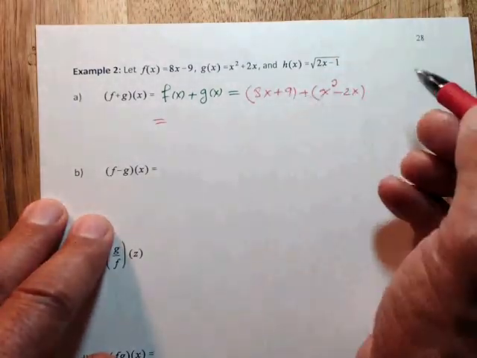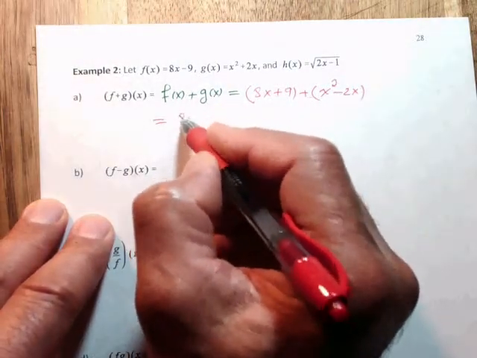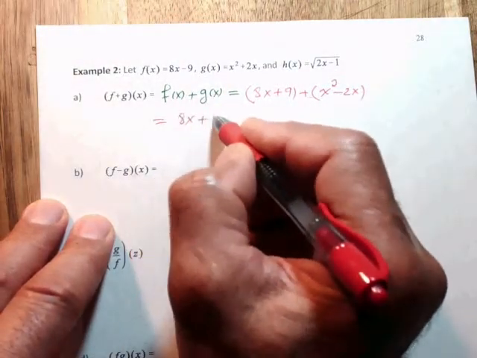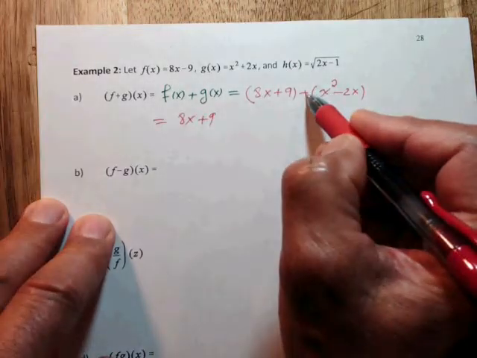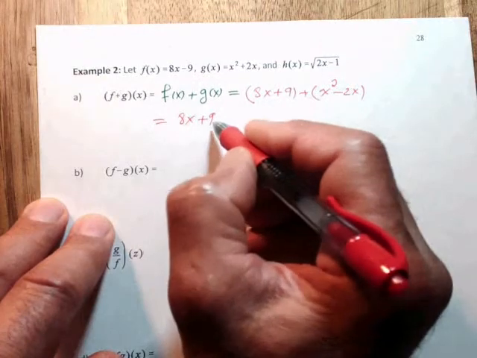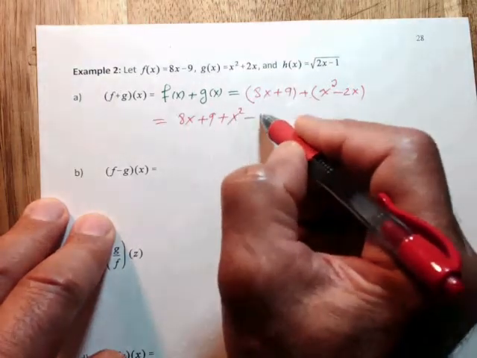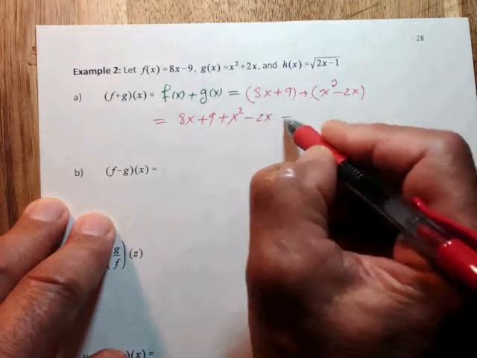Just remove the parentheses, add up the like terms and simplify. So 8x plus 9, because you have plus outside, you can remove the parentheses and leave everything the way it is. So plus x squared minus 2x.